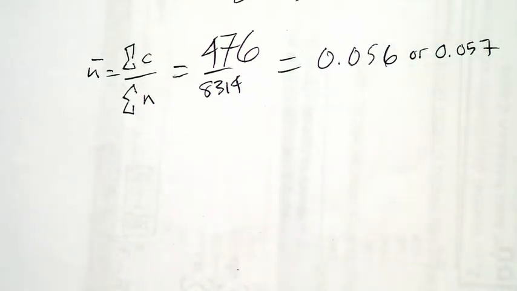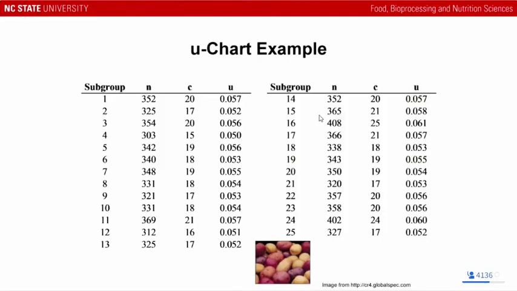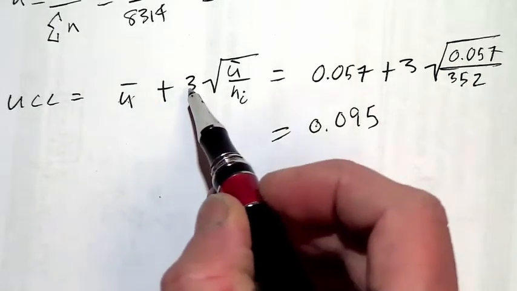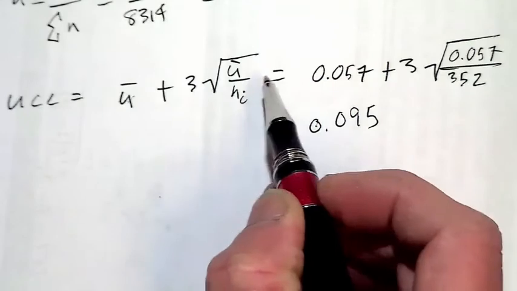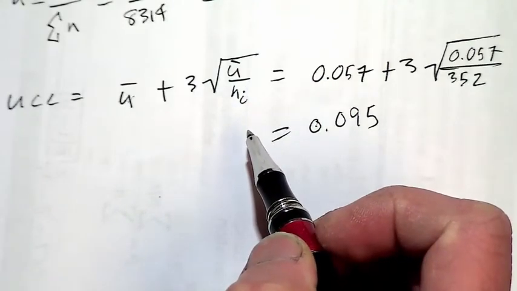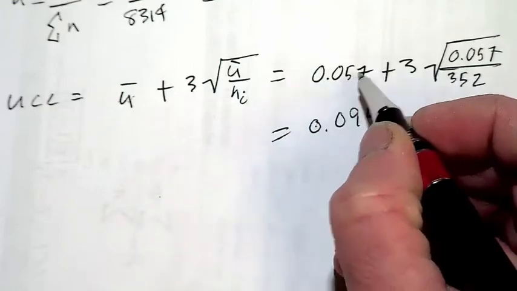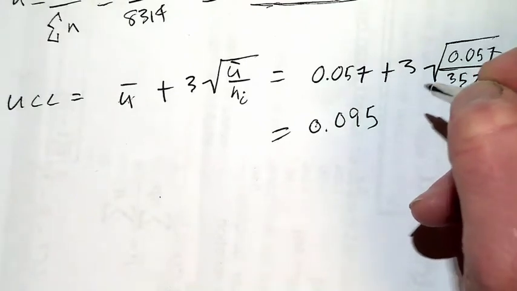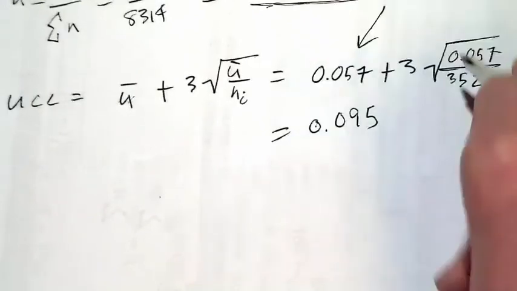Okay, so let's turn that into an upper control limit. Let's do the upper control limit for the first subgroup. So the formula is u bar plus 3 times the square root of u bar divided by n of the ith subgroup, in this case the first one. So depending on what your number was up here, if you're using a calculator with your fingers, I put in 0.057.